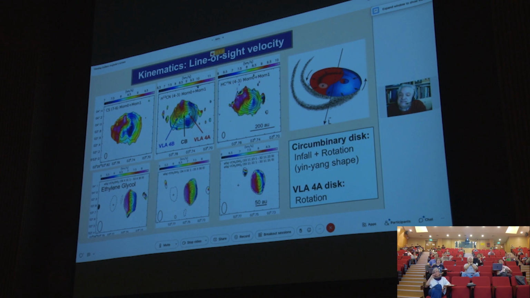And we see that the direction of the rotation inferred from the molecular emission is also counterclockwise, in agreement with what is suggested by the spiral arcs of the continuum. Another very interesting thing is that we detect ethylene glycol only towards the A component, and this shows a clear velocity gradient that we think is produced by the circumstellar disk.